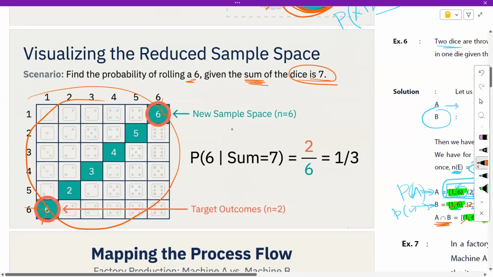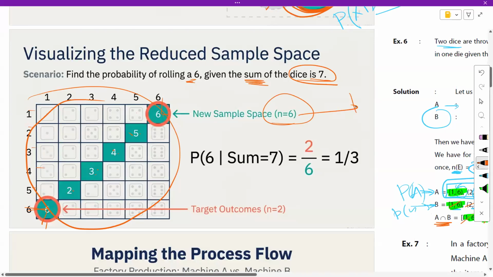Sample space, how many? The total, sum of 7: (6,1), (5,2), (4,3), (3,4), (2,5), (1,6). How many are there? 1, 2, 3, 4, 5, 6.